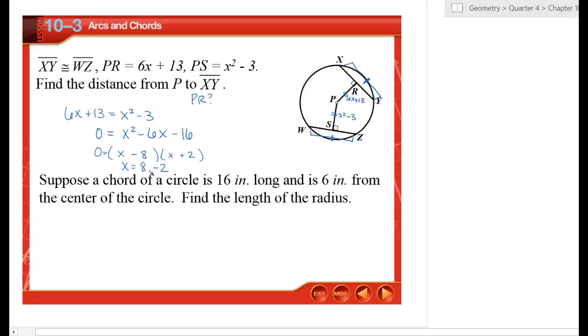Okay? Problem is, though, negative 2 doesn't work. I can plug in negative 2 here, and that'll give me 1. But if I plug in negative 2 here, well, that also gives me 1.